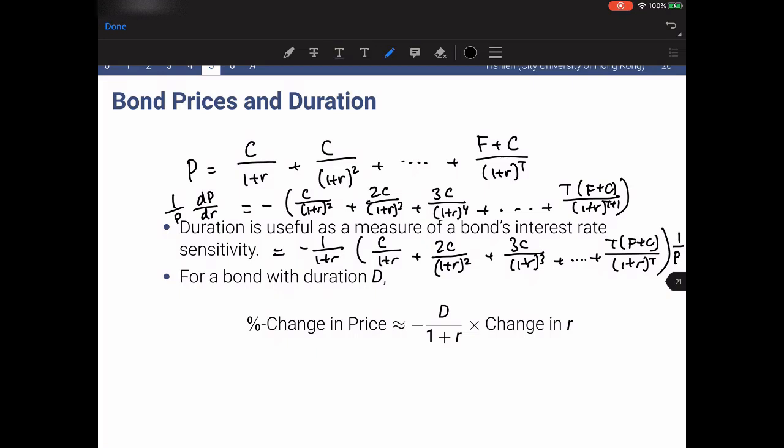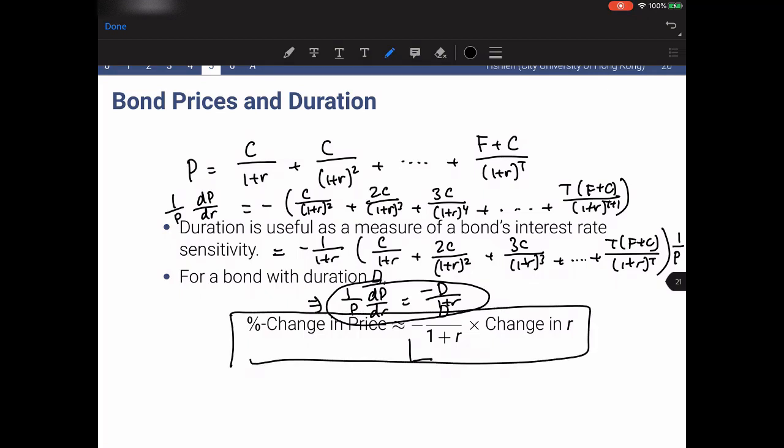And at the end, we realize that 1 over P times dP over dr is actually equal to minus duration divided by 1 plus r, right? That's what we ended with. This is the precise expression that's given here.